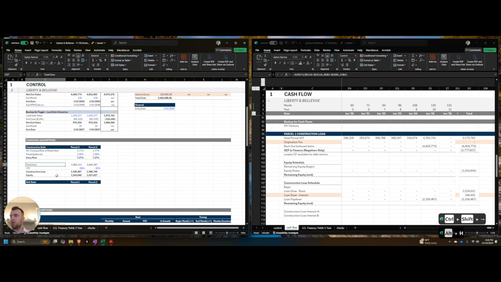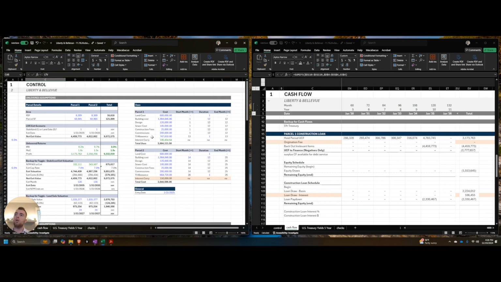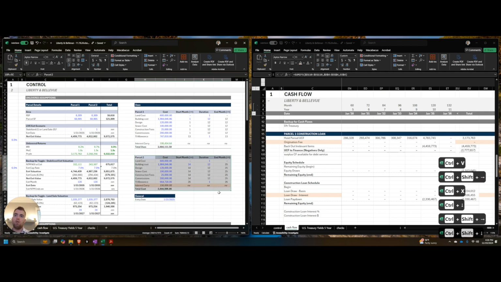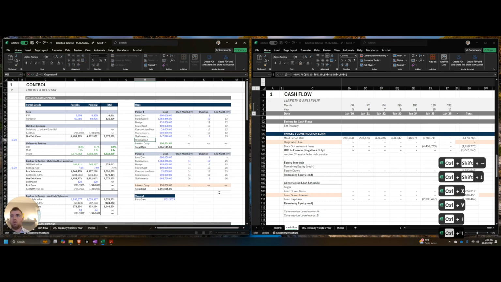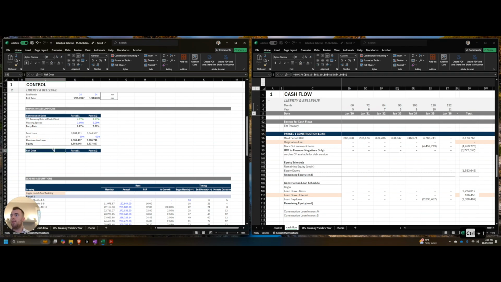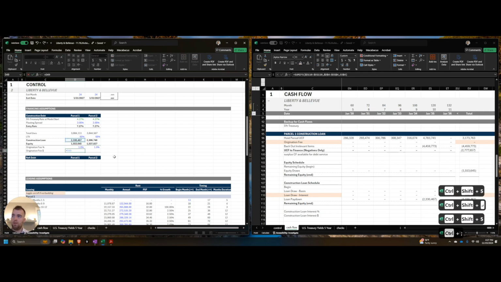Oh yes, origination fee. Probably would have the same percentage for both, but that's okay.